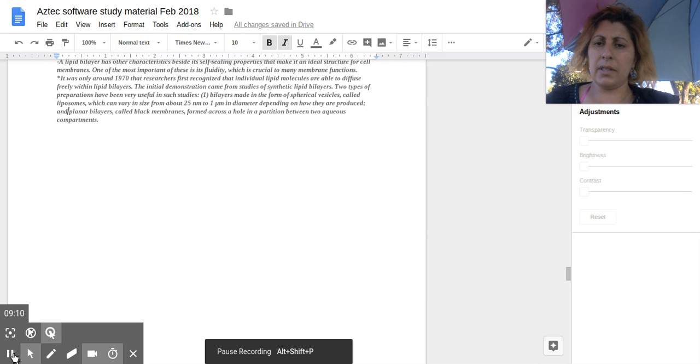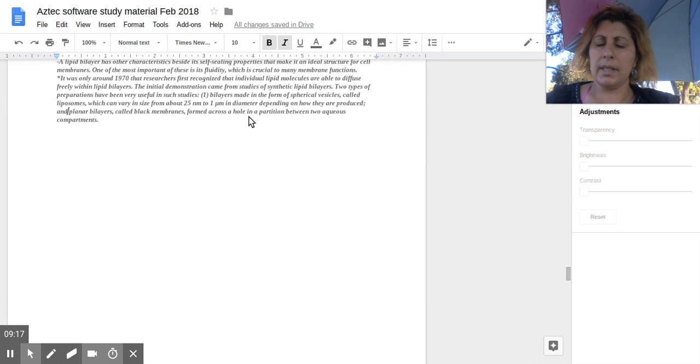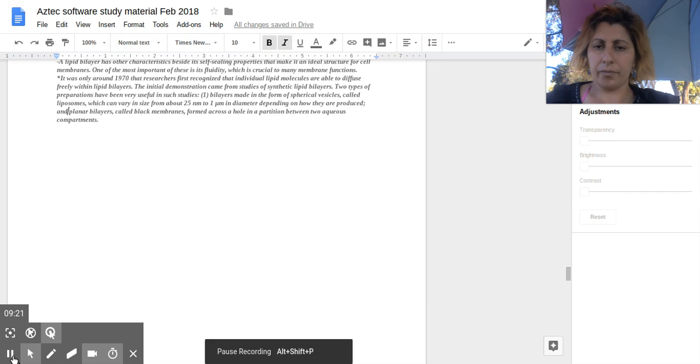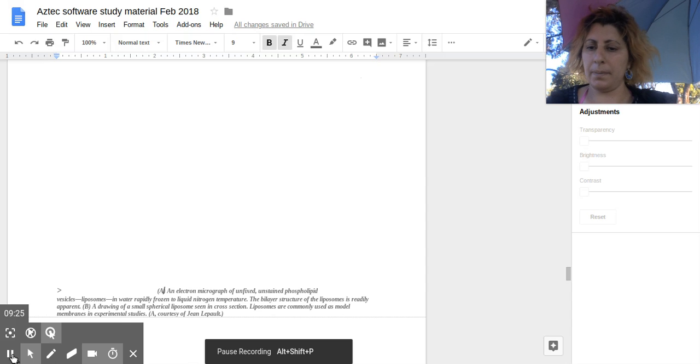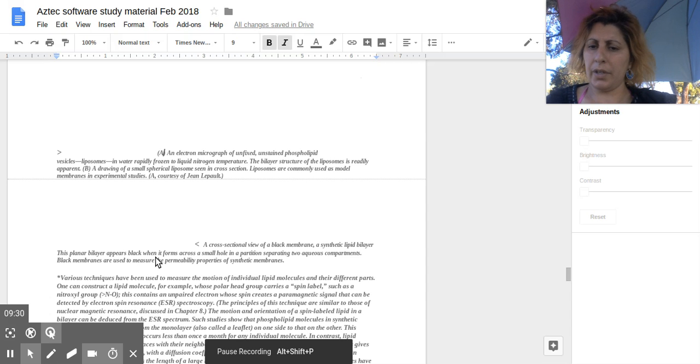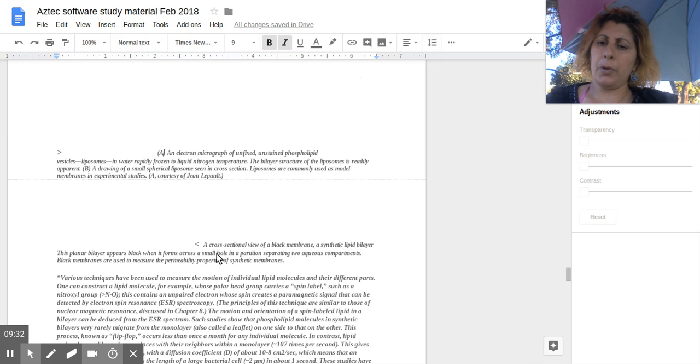Phospholipid vesicles are called liposomes, and black membranes are ones that form across a small hole in a partition separating two aqueous compartments. They are used to measure permeability properties of membranes.